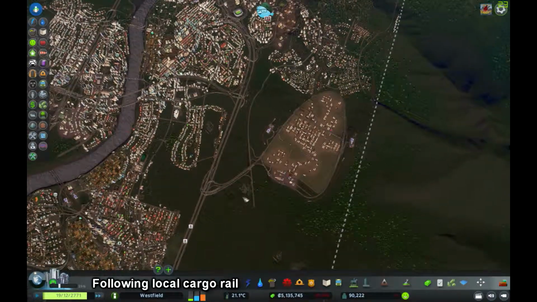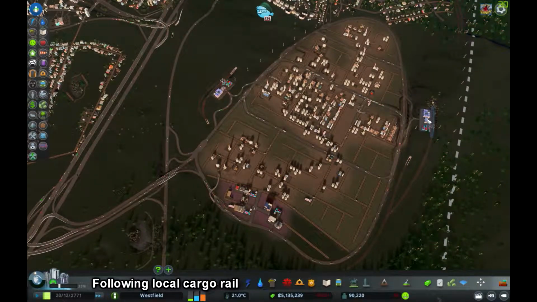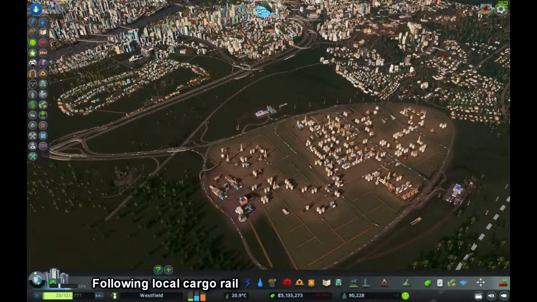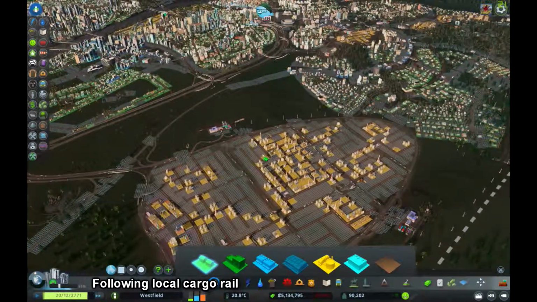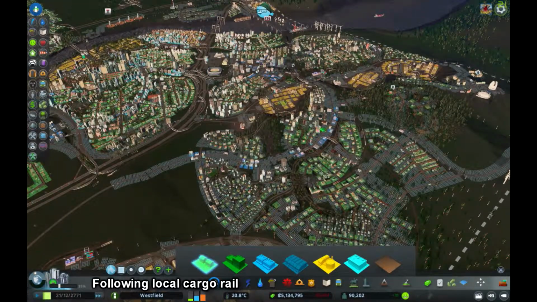This one, I got rather creative, but same thing. Deliveries for commercial are not going to come to here, but they will come to here. And they're commercial deliveries for, I guess, out here? Yeah, I've got a little smattering of commercial. It's for here. These guys are delivering for here.